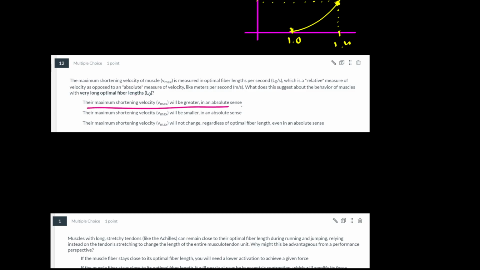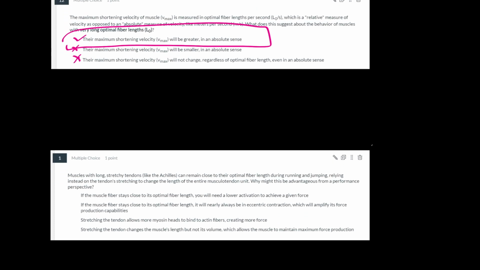And so this seems already like a pretty good answer, but I don't think this one makes sense because if we're measuring it in optimal fiber lengths per second and that goes up, then the velocity should go up. And then this one also doesn't really make sense based on that same line of arguing. So I would say this one is probably the best answer here.